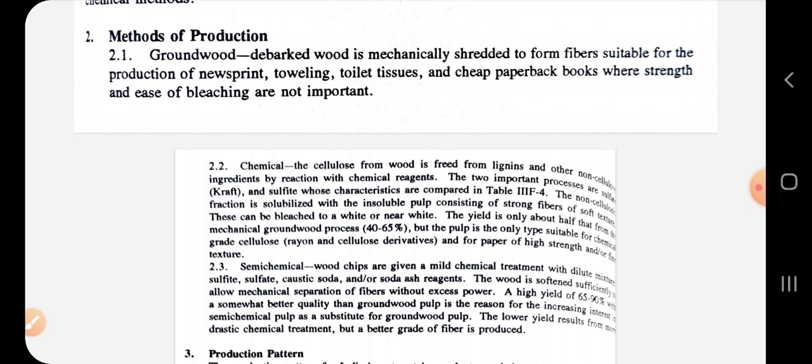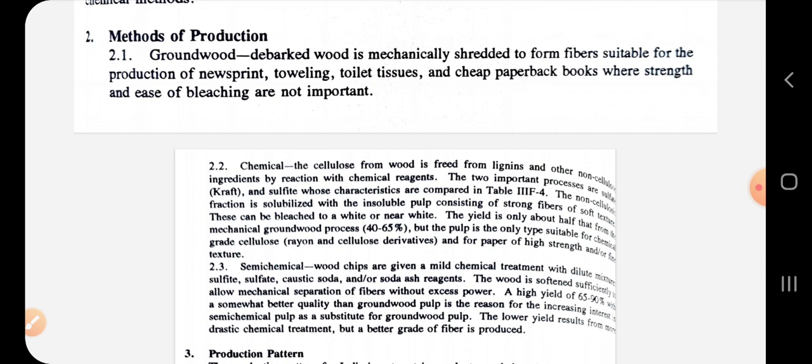Now the process flow diagram that we are going to see is the chemical method of pulp production from cellulose. The cellulose we will be using is from wood, or rather the fibers we will be separating from wood by using wood as our raw material.